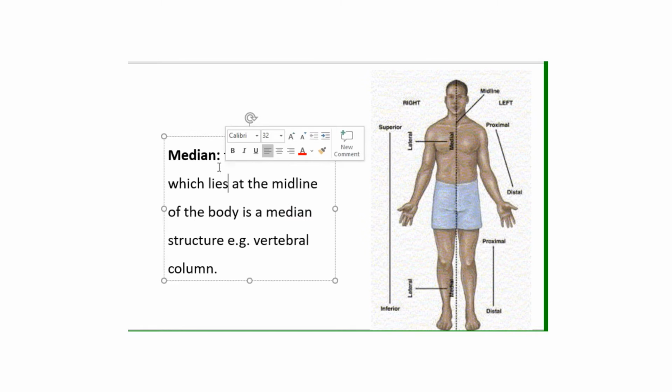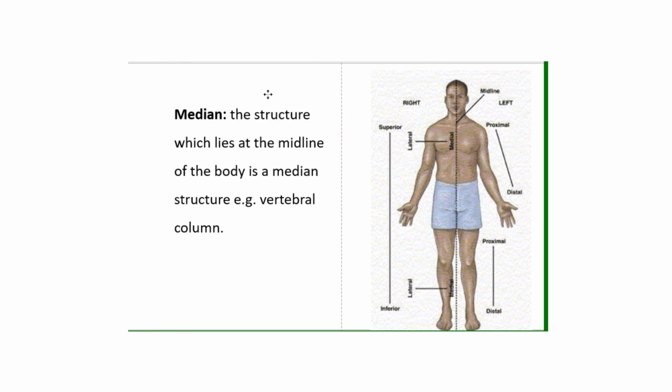Firstly, median is a term used to describe a structure present in the midline of the body, in the median plane of the body, either anterior, to be called anterior median plane, or posterior, to be called posterior median plane.